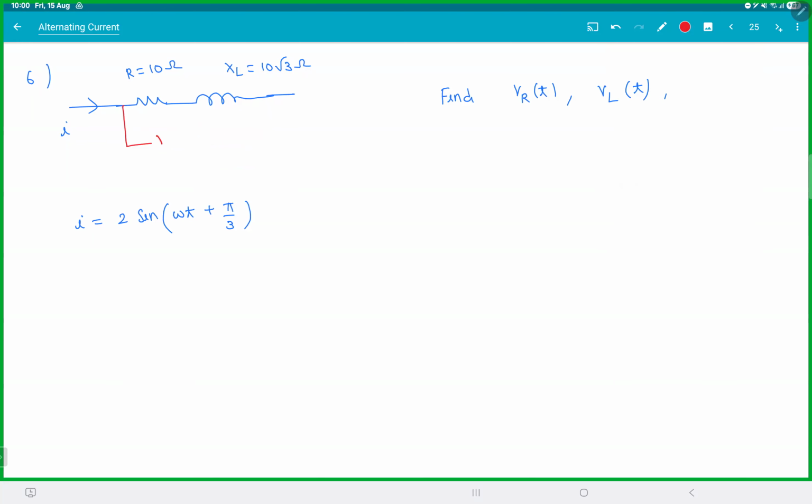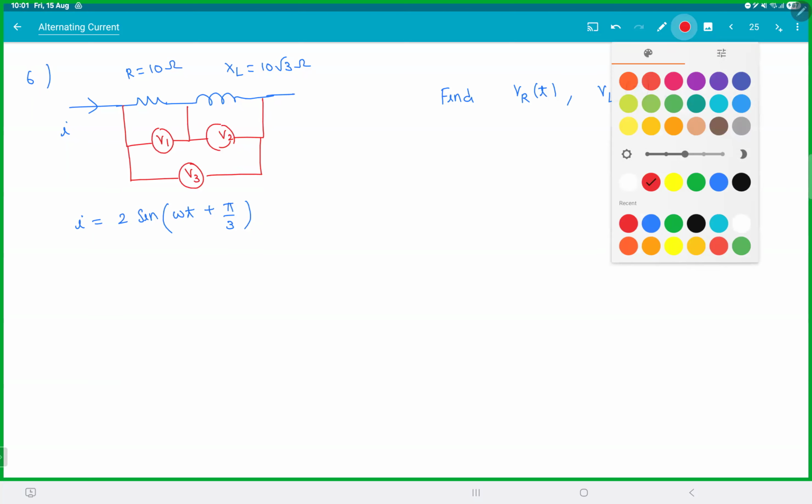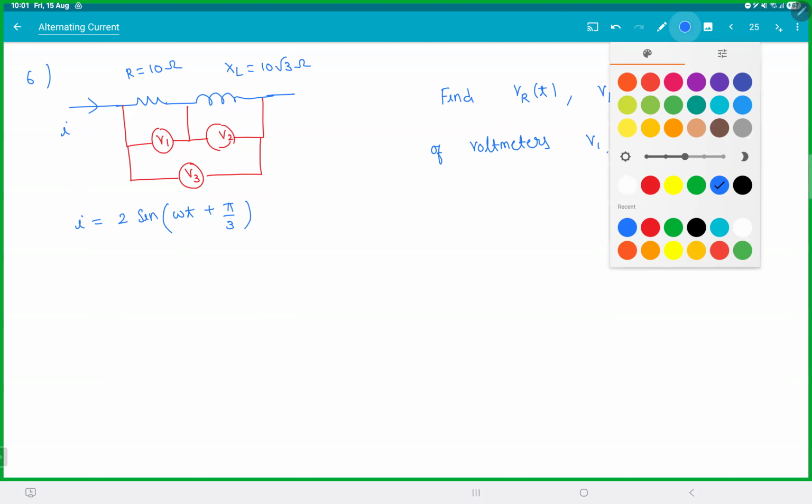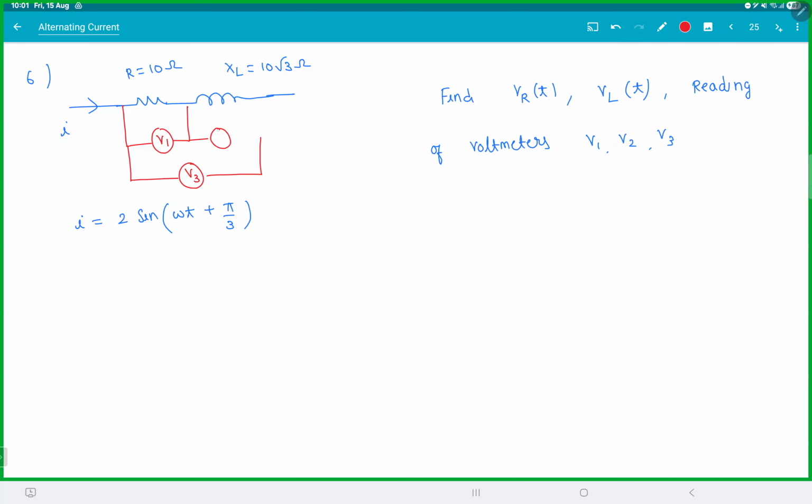Let's put three voltmeters, V1, V2, V3. Find reading of the voltmeters V1, V2, V3. First find VR(t) and VL(t). We'll talk about the voltmeters. Let's see how will you handle this.